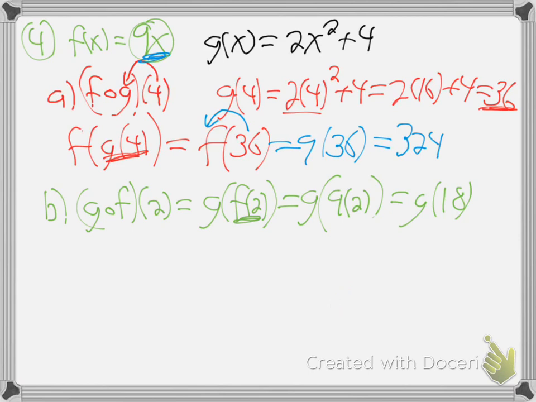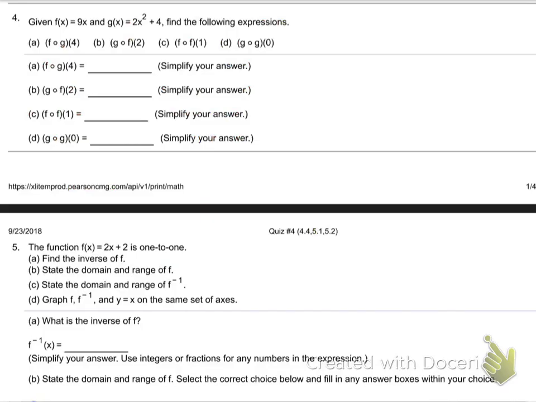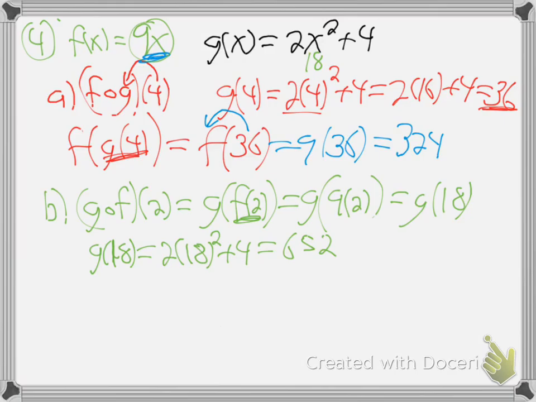What is g of 18? Then put 18 into the g function. g of 18 equals 2 times 18 squared plus 4 is 652. All right, part C is f of 1.